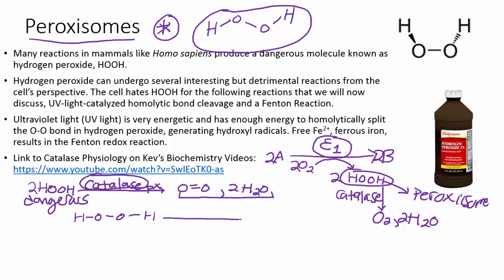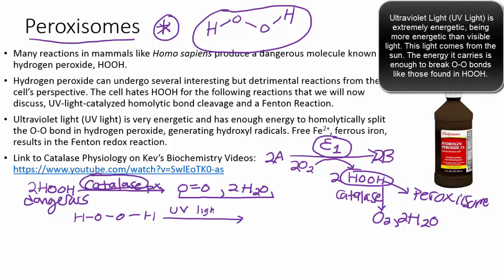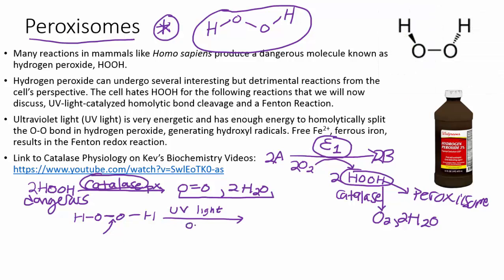What can end up happening is if you put this hydrogen peroxide in the presence of UV light, and by the way, UV light is something that comes from the sun, see this bond right here, the bond between the two oxygens? This O-O bond is very weak. It's prone to undergoing something called a homolytic bond cleavage.